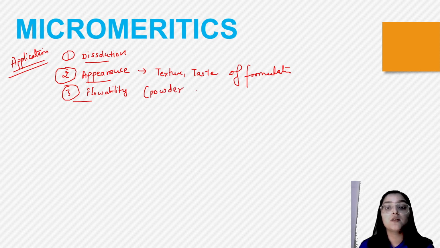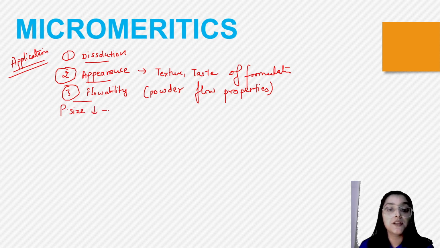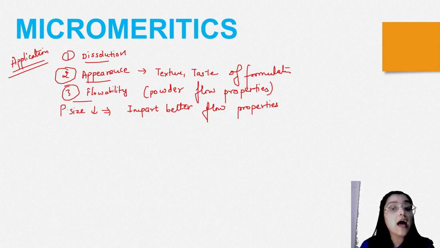You have to keep in mind that as the particle size reduces, it imparts better flow properties. If the particle size is large, the flow properties will be poor.